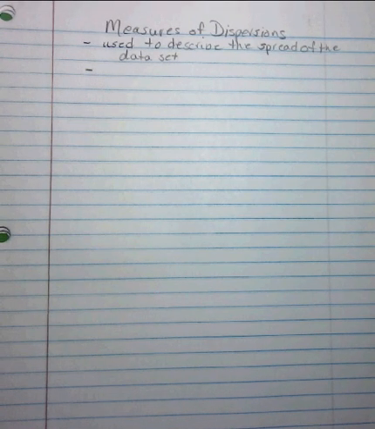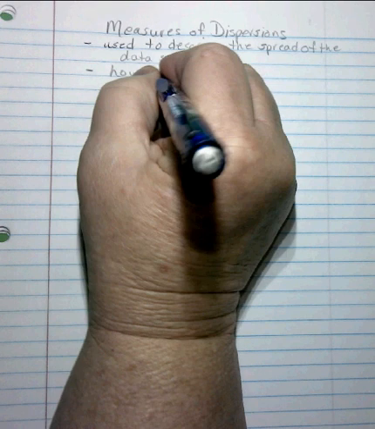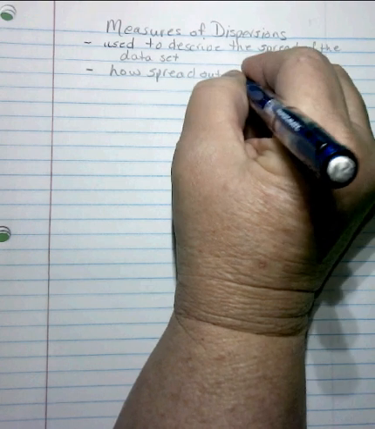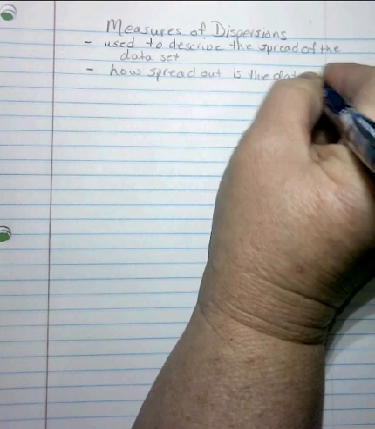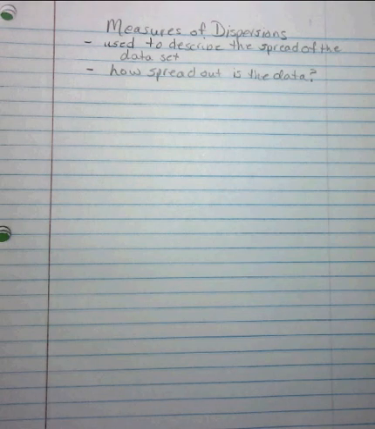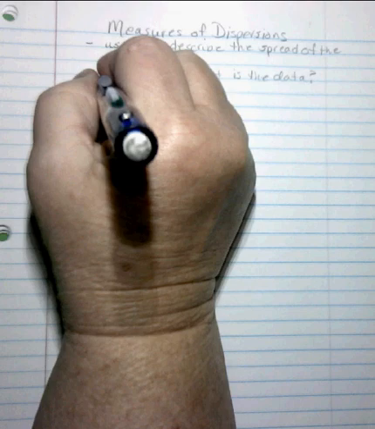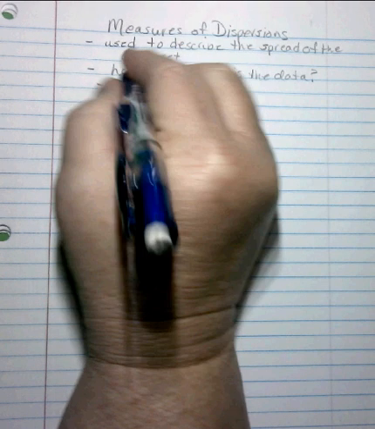Another way to think of dispersion is how spread out the data is. The common measurements that you see used with dispersion are range, IQR, variance, and standard deviation.